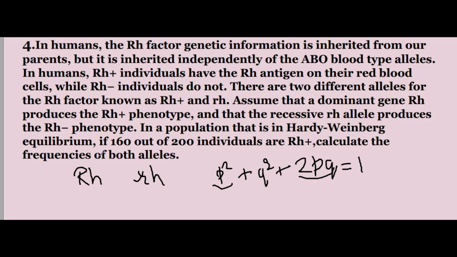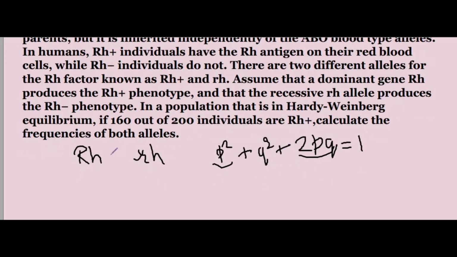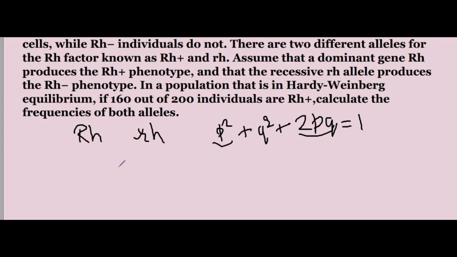So first of all, it is given 160 out of 200 individuals are Rh positive. So the individuals with the Rh negative phenotype are 200 minus 160, which is equal to 40.